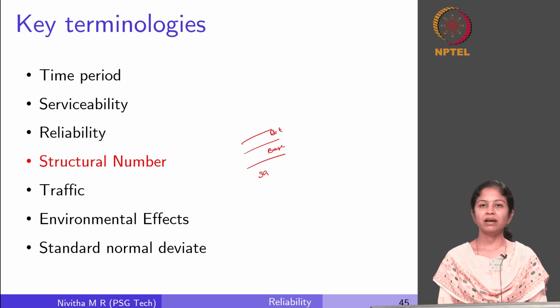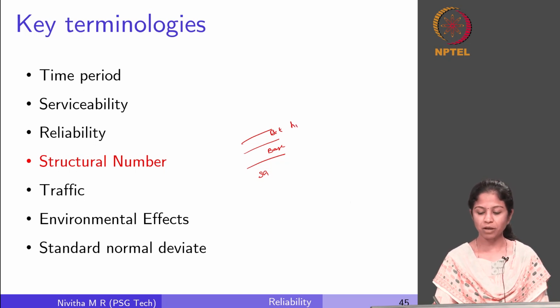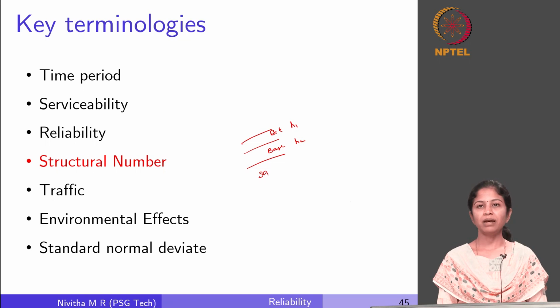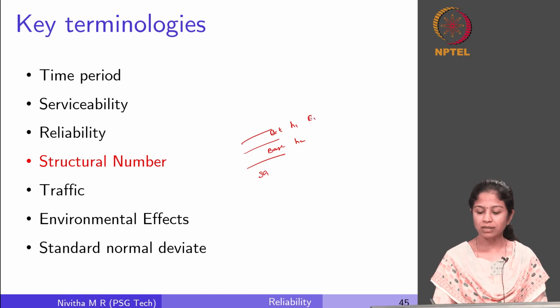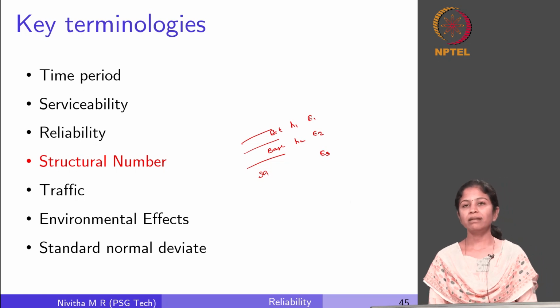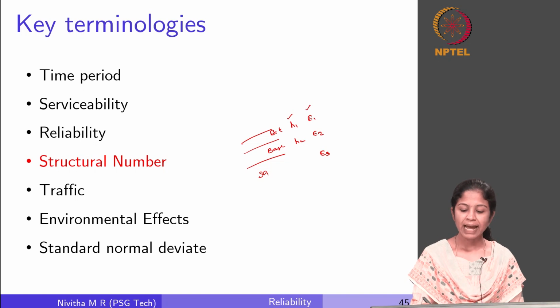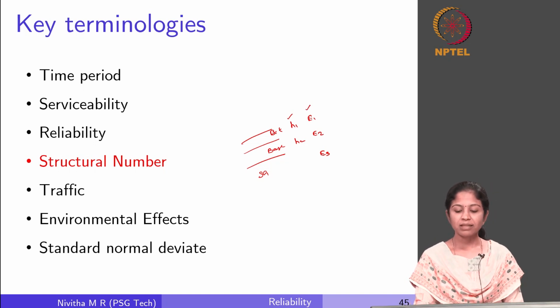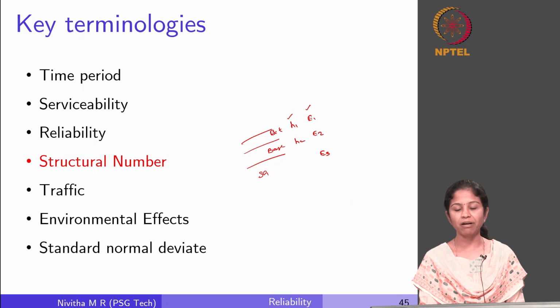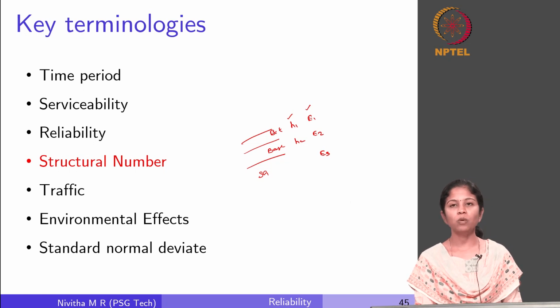Each of these layers is going to have a different thickness, let me call them H1, H2. Similarly, each of them is going to have a different modulus, E1, E2, E3. Now, if you look at the load carrying capacity, it is a function of the thickness of a layer and the modulus of the layer. Let us say the bituminous layer will have a higher modulus. So, even for a lower thickness it is going to have a higher load carrying capacity.